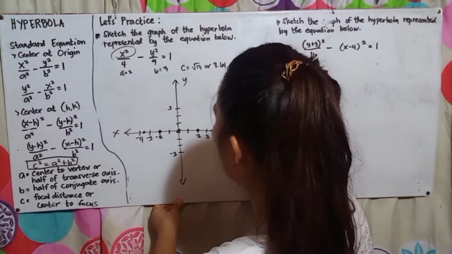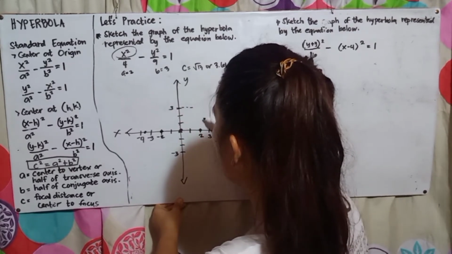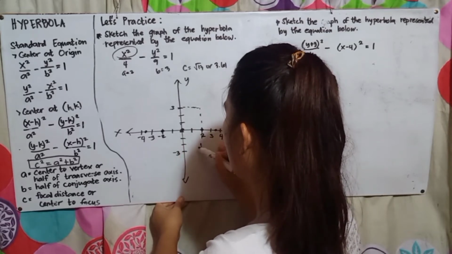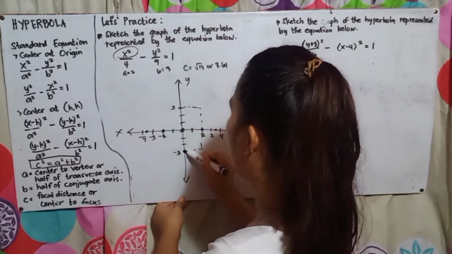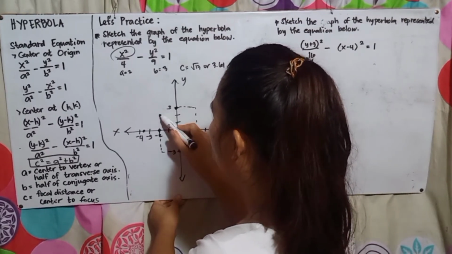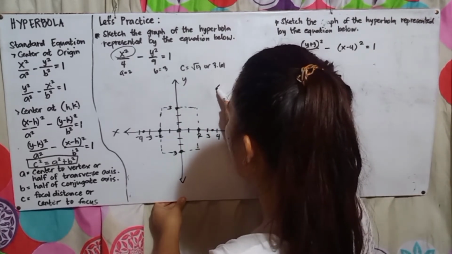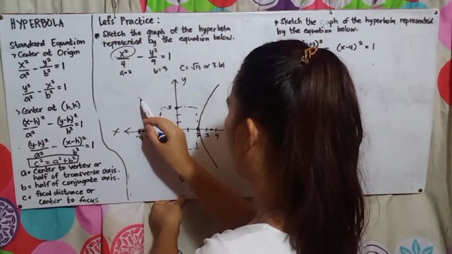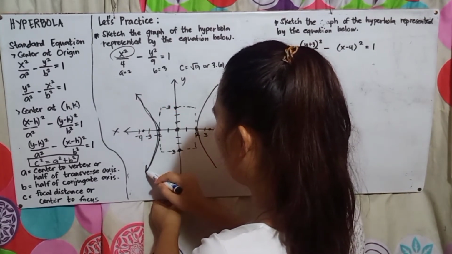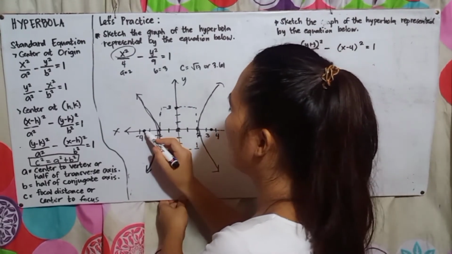Yan. So, our conjugate axis. So, therefore, pag ganyan yung graph. Then, this is our focus.